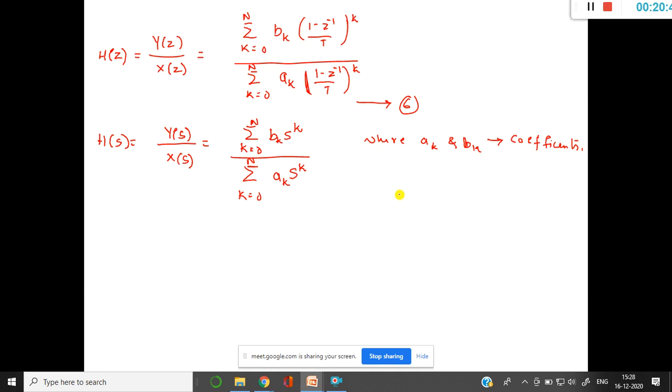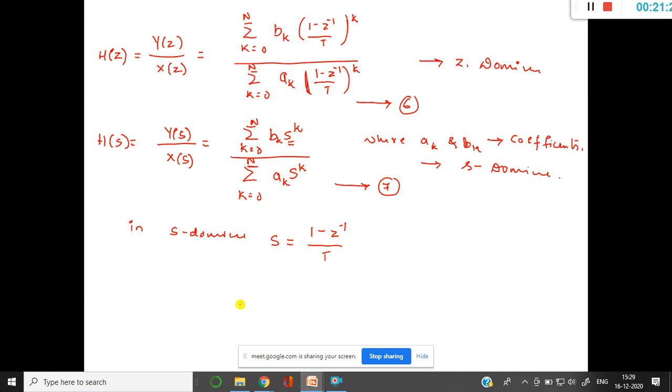Now just observe equation number 6 and equation number 7. So this is the Z domain, this is the S domain. So when I map the S domain to the Z domain, what is s equal to here? In the S domain, if you observe, everything is the same. s is represented by 1 minus z inverse divided by T. That's it.